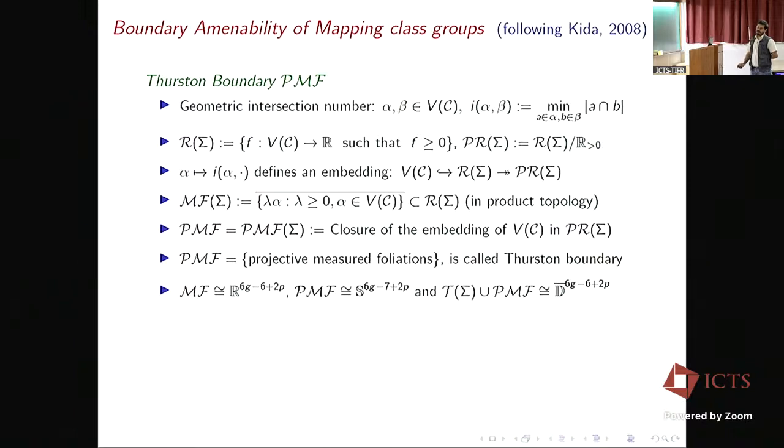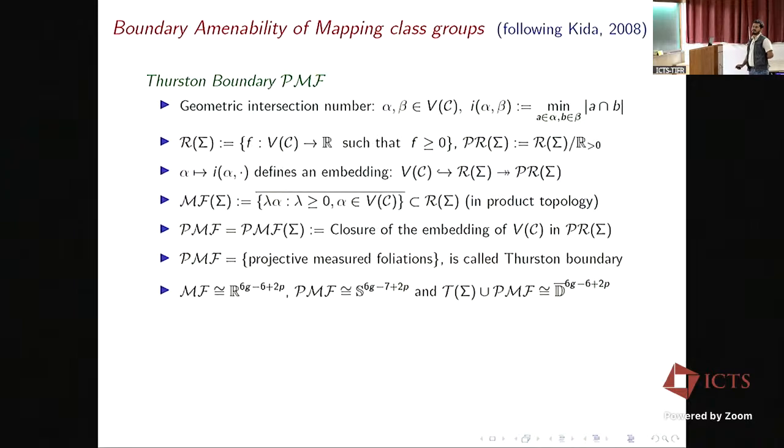Now the projective measured foliation, the PMF, would be: you go one step further, you look at it here and you close it here. So that is PMF, the set of projective measured foliations. It's also called the Thurston boundary. And these sets are identified with these objects.